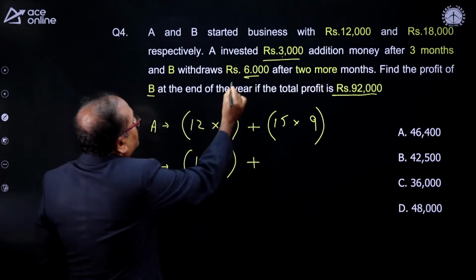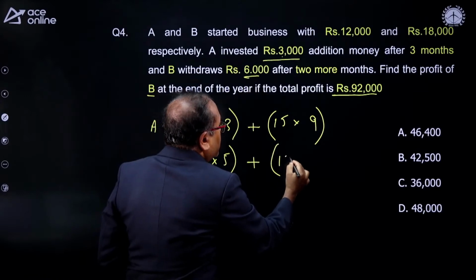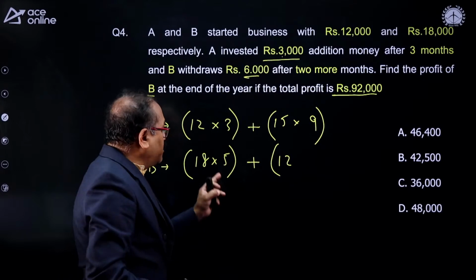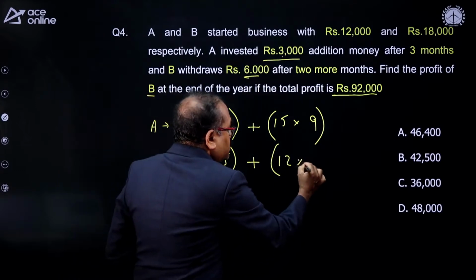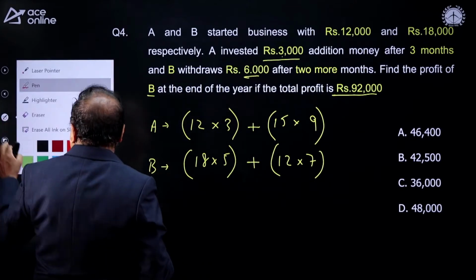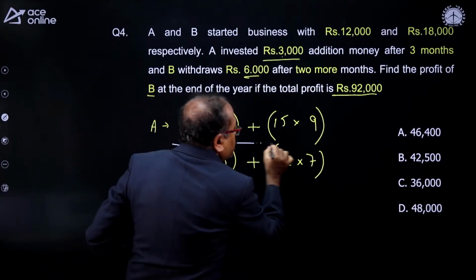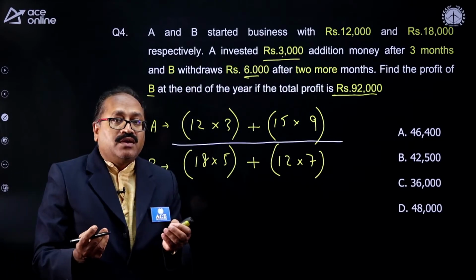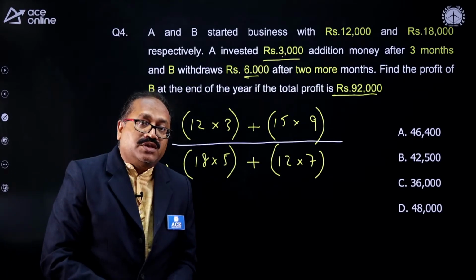Now, after that he withdraws 6,000. So what will be the capital? 12,000. And for how many months will it remain? 12 minus 5, which is 7 months. So once I do this calculation, this will give us the cumulative capital ratio of A and B, which is also the profit and loss ratio.